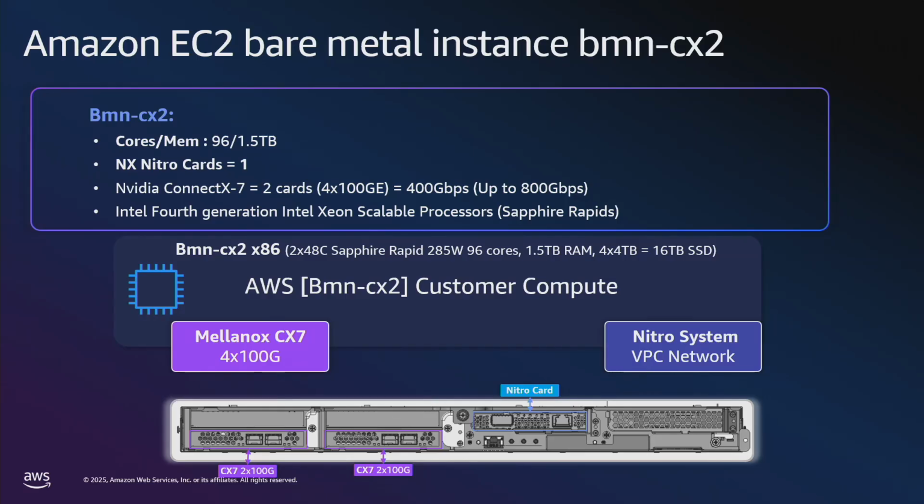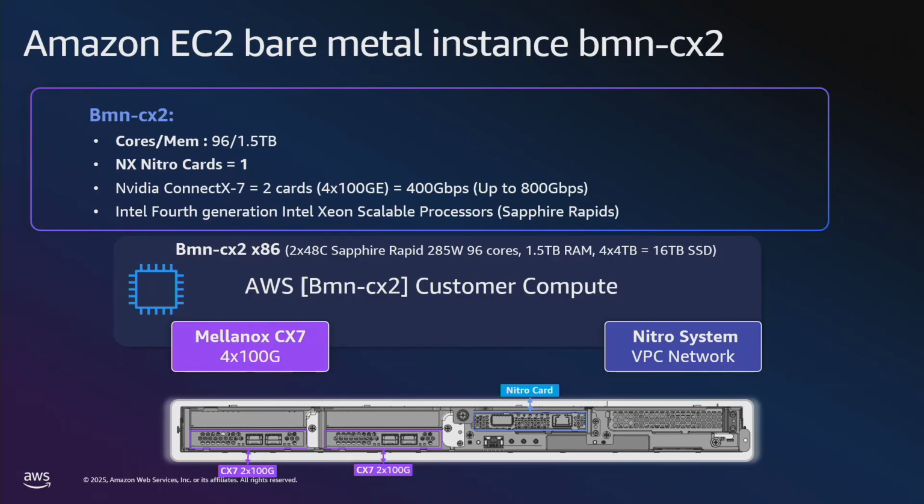And those ConnectX-7 cards have 2 ports each, and each port by default has 100 gig SFP, so that's 400 gig. But we are able to put 200 gig SFPs in there as well, so that's able per server to drive 800 gig.